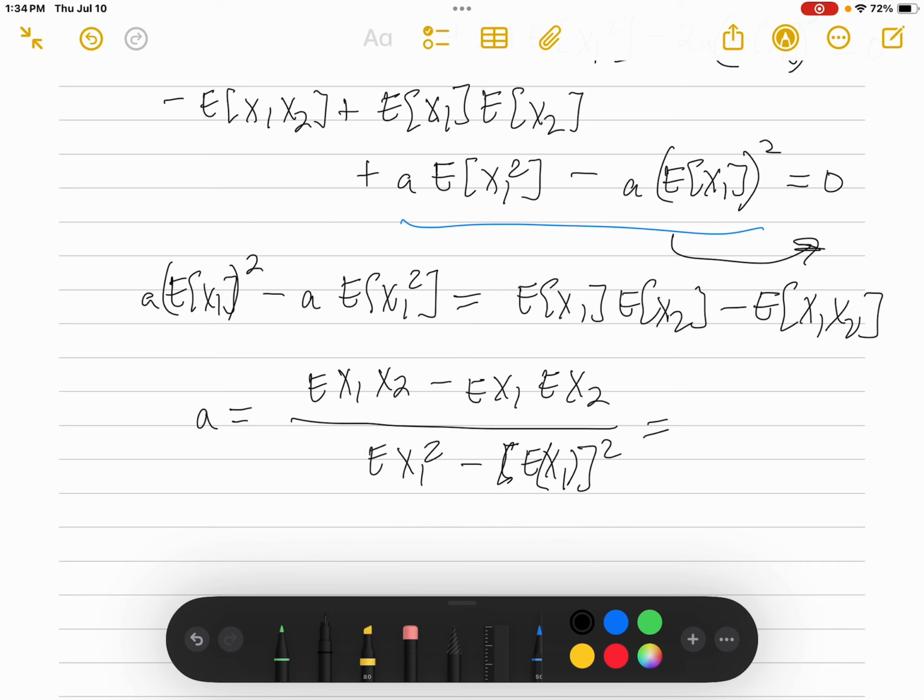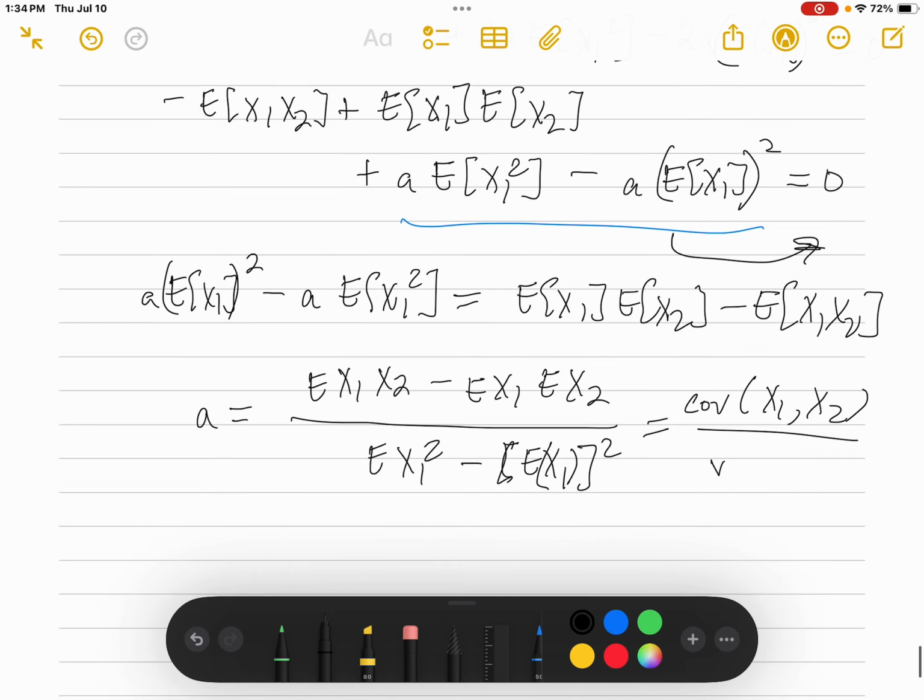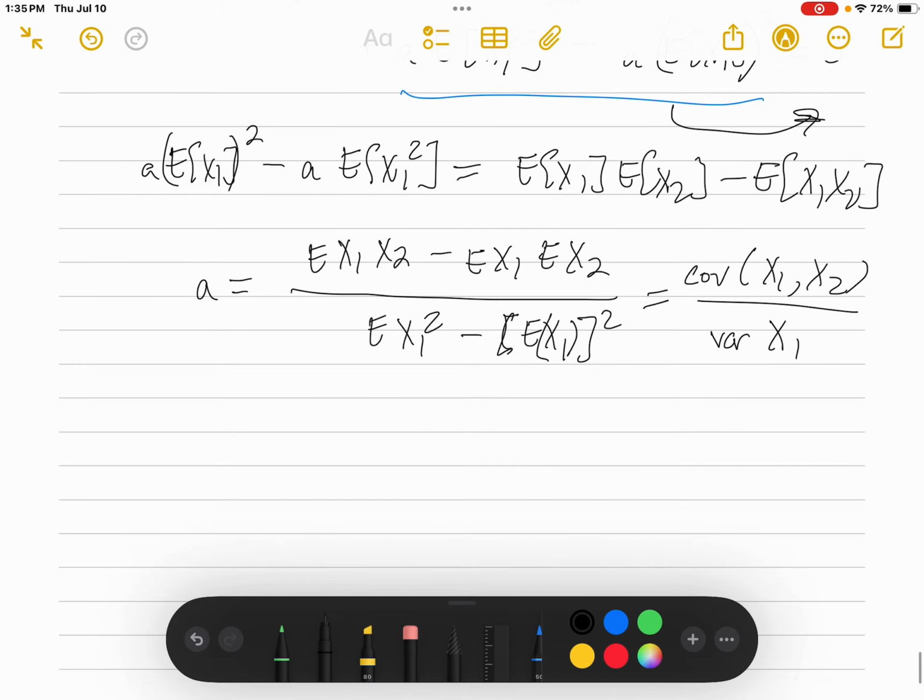And on the numerator, I have the covariance of x1 and x2. And then what do I have on the denominator? I have the variance of x1. So A is equal to the covariance of x1 and x2 over the variance of x1.